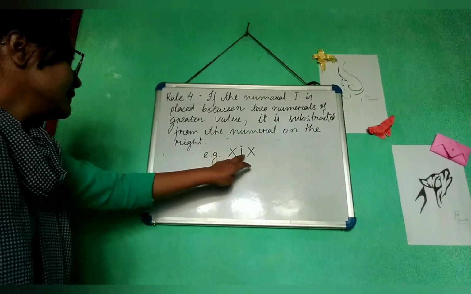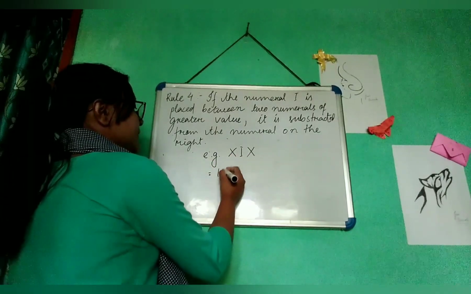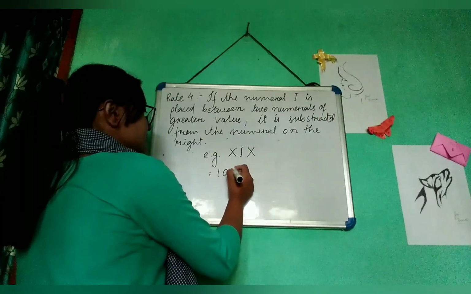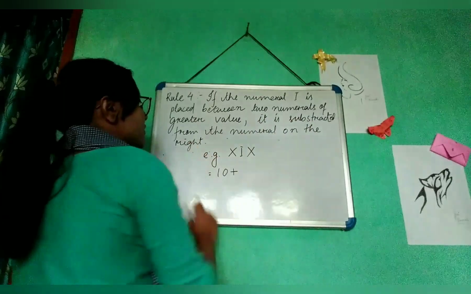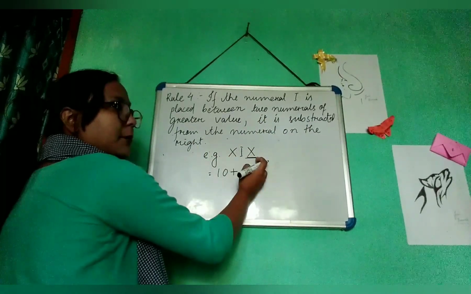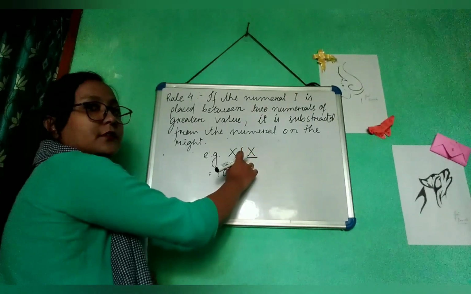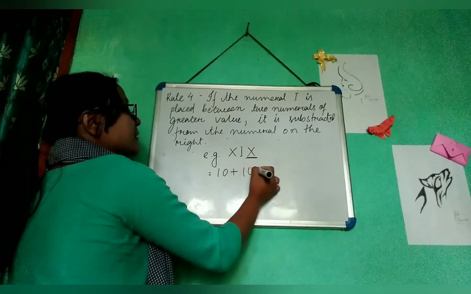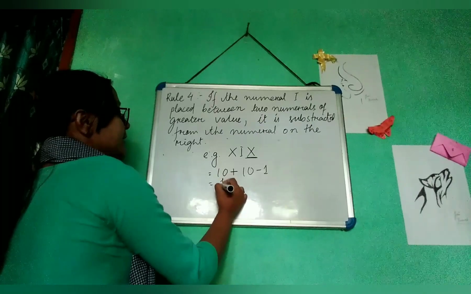If it is in the middle, this X will be 10 plus, and it is subtracted from the numeral on the right. This numeral is on the right of this number, so you need to minus 1 from it. So it is 10 plus 10 minus 1, which is 19.